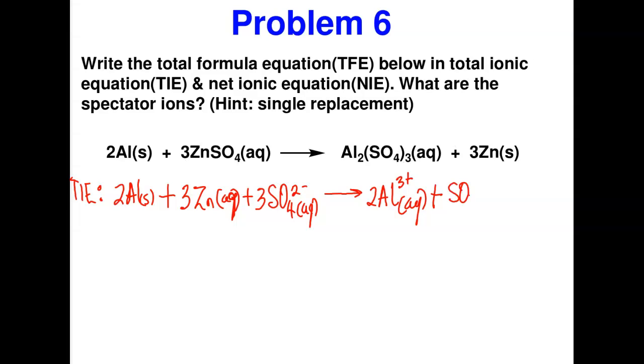So it's going to be SO4 2- aqueous. I didn't put the 3, so I'm going to create a space for that. You have to always put the number of species there. So this is 3SO4 2- aqueous. Then plus 3Zn solid.